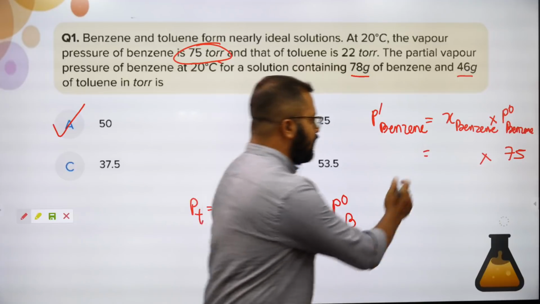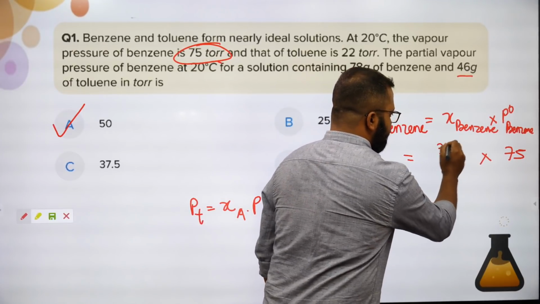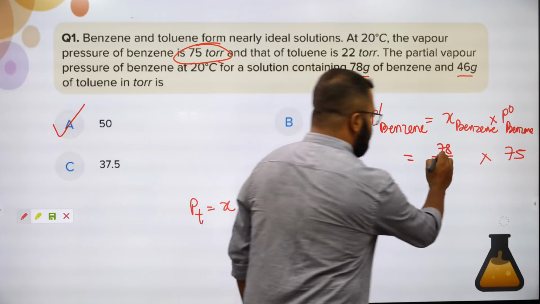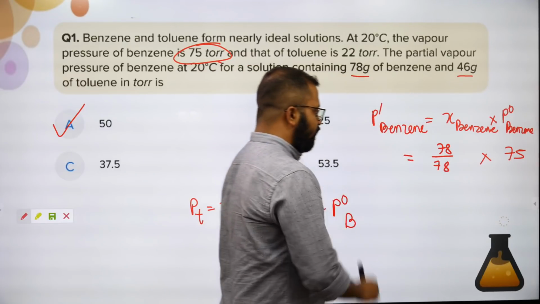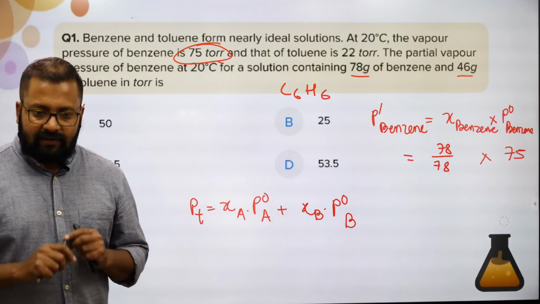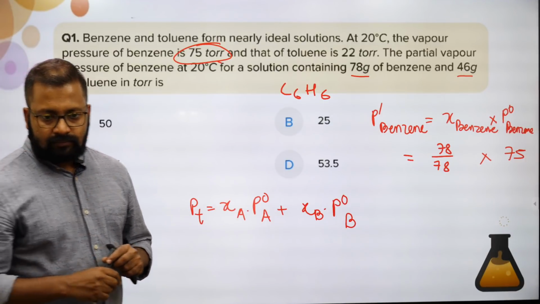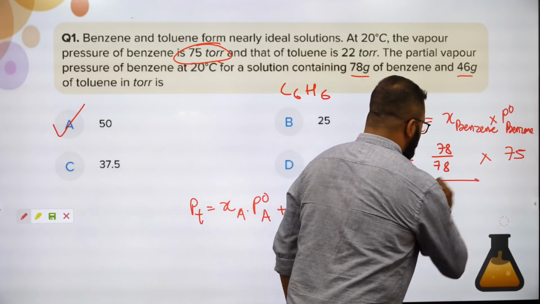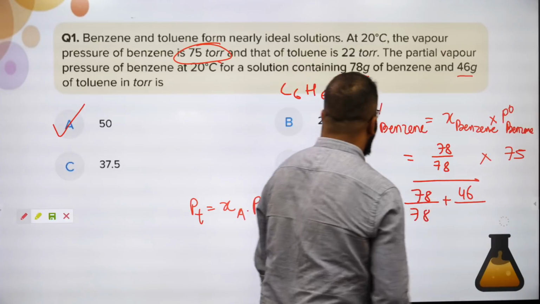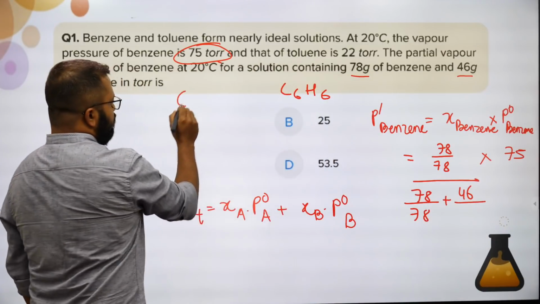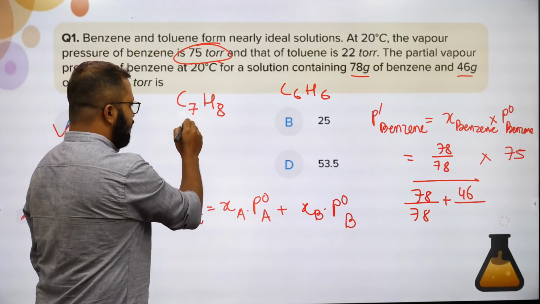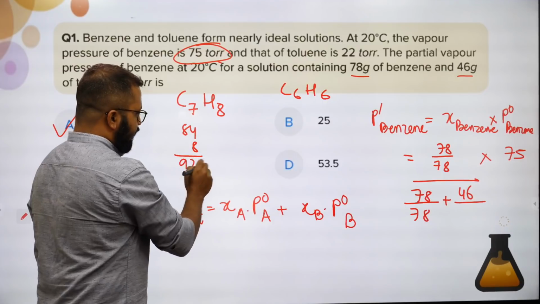Amount of benzene given is 78, and the molecular weight of benzene is also 78, C6H6: 72 plus 6, 78. So 78 by 78 plus 46 by the molecular weight of toluene, which is C7H8: 84 plus 8, 92.